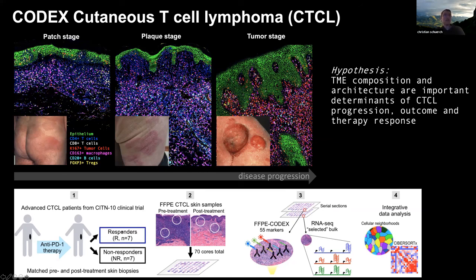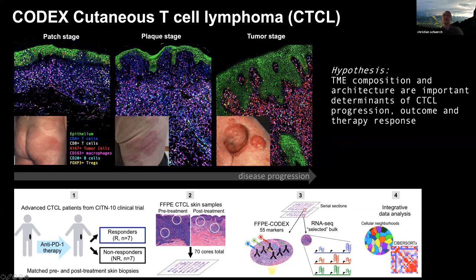And we had tissues from 7 responders and 7 non-responders, both before and after treatment. From this, we created tissue microarrays. We used CODEX to analyze 55 markers simultaneously, and we also performed RNA sequencing on step sections of those identical cores. Then we finally did integrative data analysis.